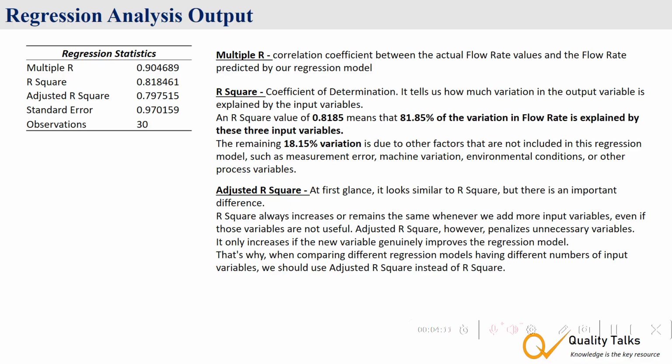Adjusted R square increases only when the new variable genuinely improves the regression model. If the new variable does not add any meaningful value, the adjusted R square decreases. We will understand this practically by comparing two regression models, one with fuel temperature as a predictor and the other without fuel temperature.